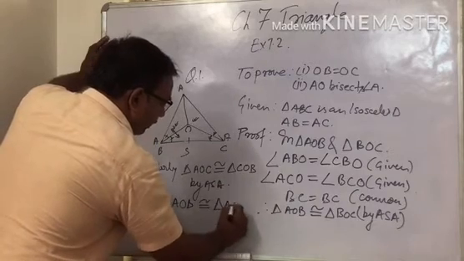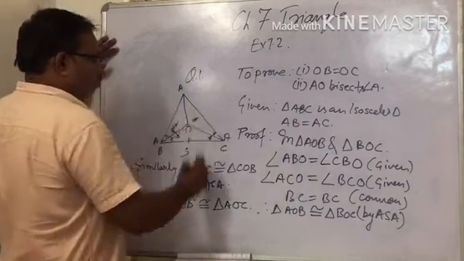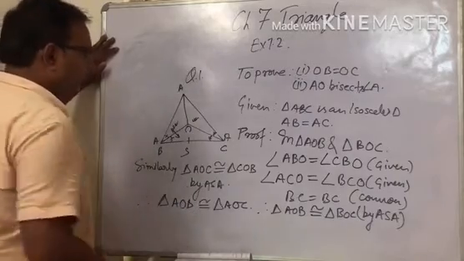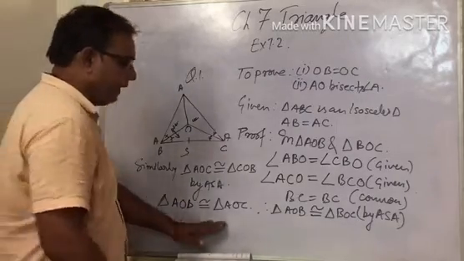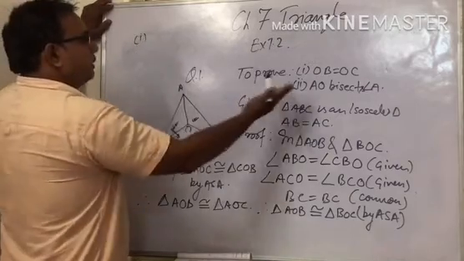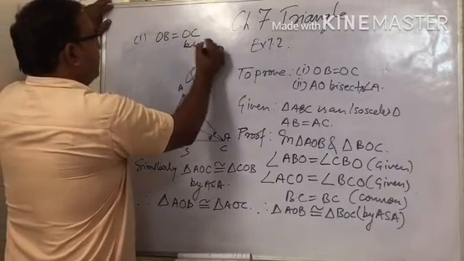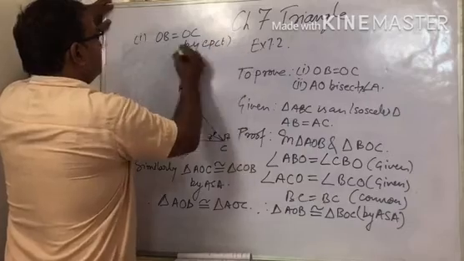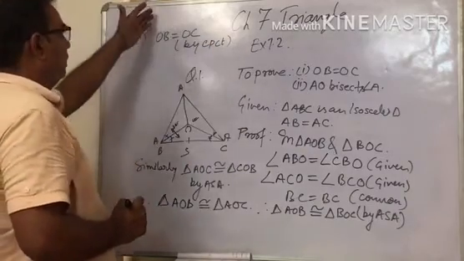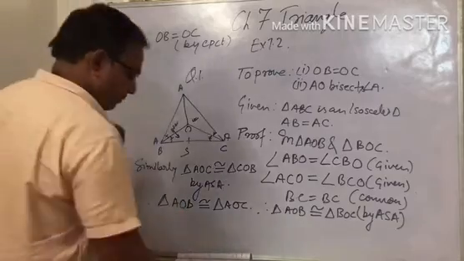Now these two triangles are congruent. On the basis of this congruence, we can say that first OB is equal to OC by CPCT, because these are the corresponding parts of congruent triangles, so they are equal.